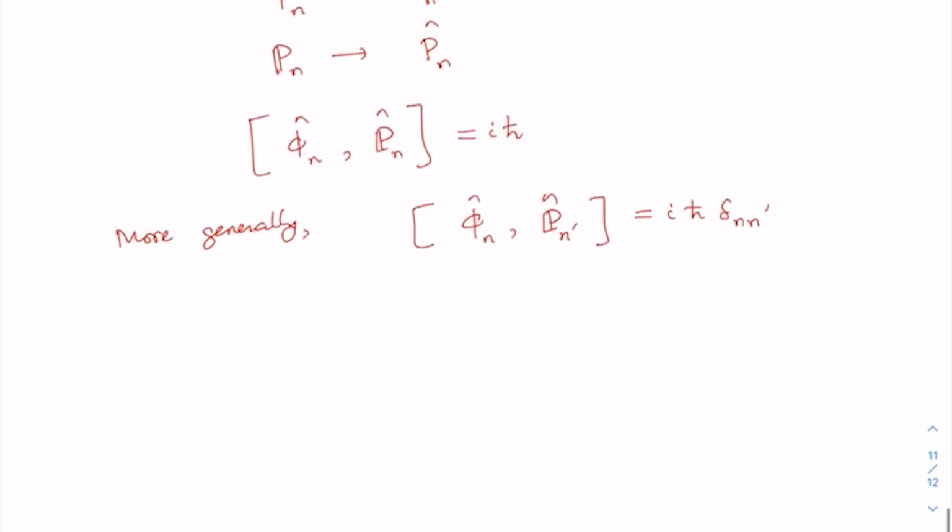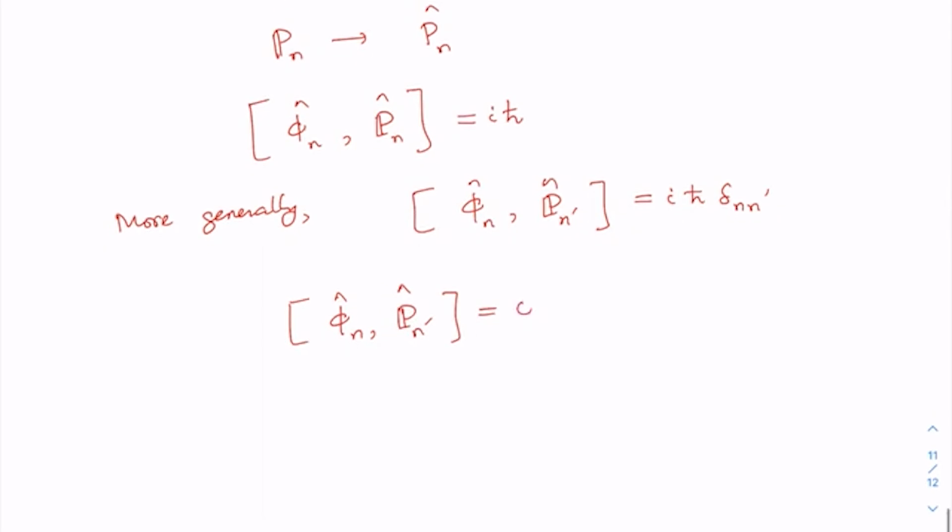In fact, for the coordinate and the momentum belonging to different nodes, the commutation relation between φ_n and P_n', if n and n' are not equal, that means they belong to different nodes, would be equal to 0.